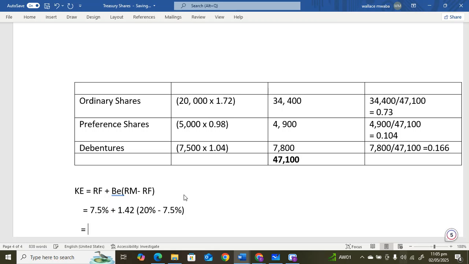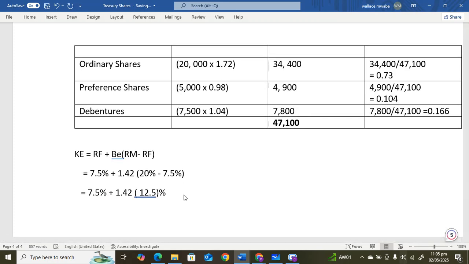So 7.5% plus 1.42. So 20 minus 7.5, you get 12.5. So 12.5 times 1.42.